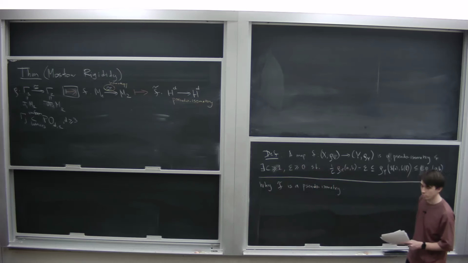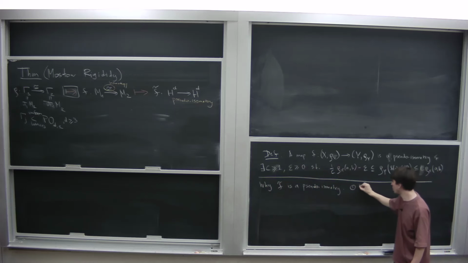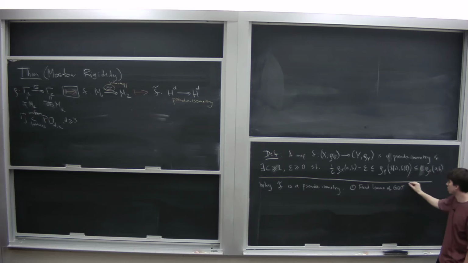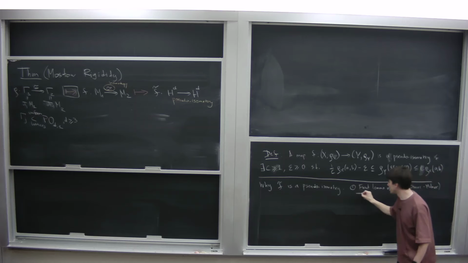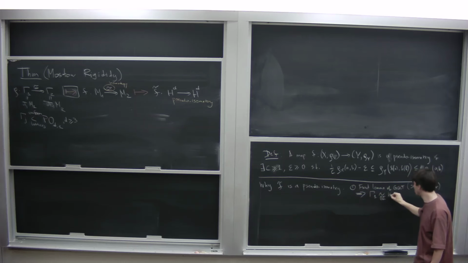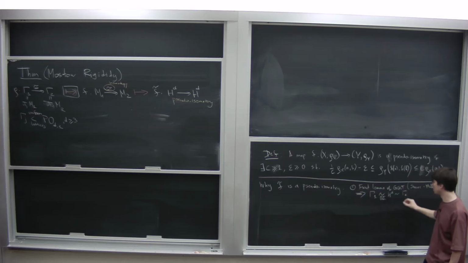So step number 1: I told you about the fundamental lemma of geometric group theory, known as the Schwarz-Milnor lemma. It implies that gamma 1 is quasi-isometric to H^d and is quasi-isometric to gamma 2.